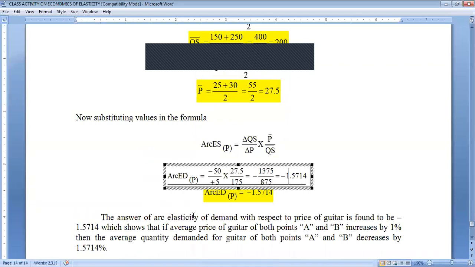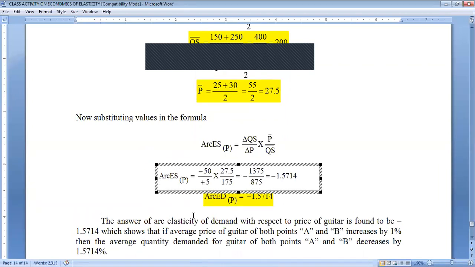So arc elasticity of supply with respect to price equals plus 100 divided by plus 5 multiplied by 27.5 divided by 200, right?